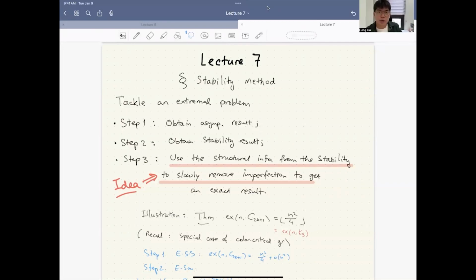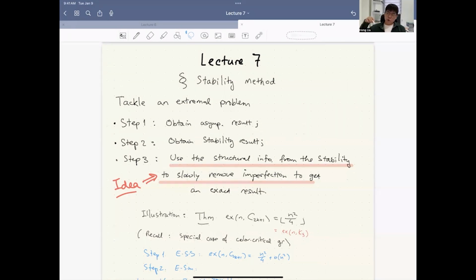So last time we talked about this stability phenomenon that's happening right below the Turán density, saying that almost extremal graphs structurally look close to extremal graphs in edit distance, which is sort of intuitive when there's a unique maximizer.